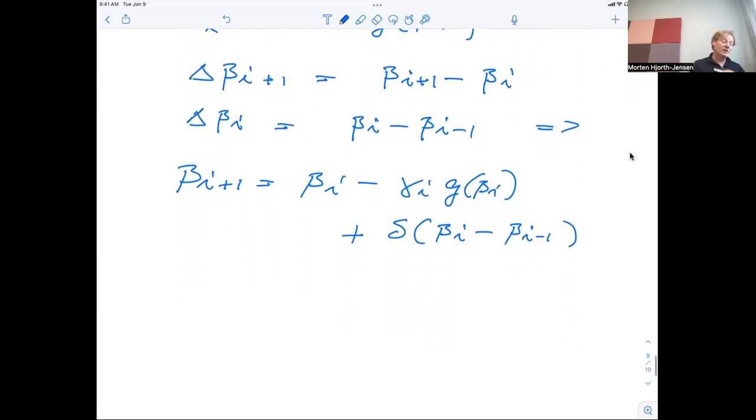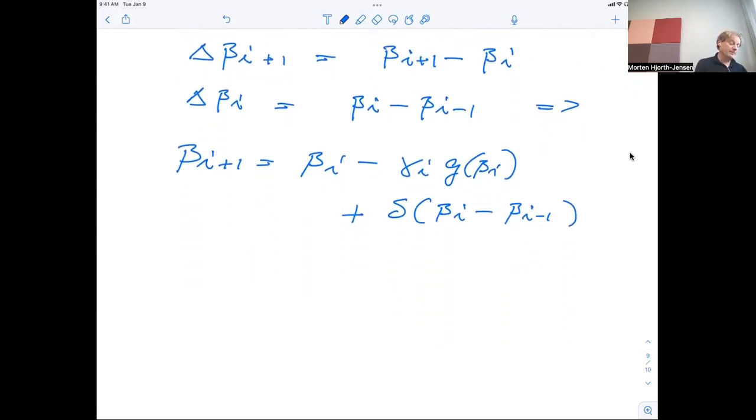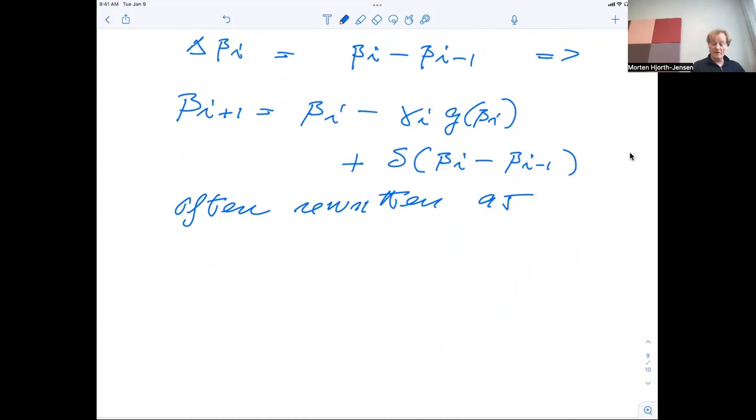Now, this is normally rewritten in the following way. You will often see that in the literature, rewritten as a term which is called v of i, which is given by this delta of beta of i minus beta of i minus 1.